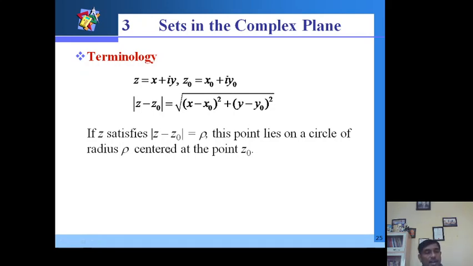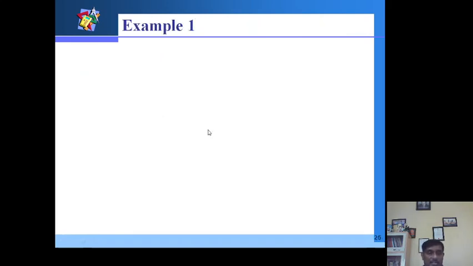If z satisfies mod z minus z naught is equal to rho, this point lies on the circle of radius rho centered at the point z naught. This is known as the circle equation, that is mod z minus z naught is equal to rho. Here point z naught is the center and rho is the radius. Now we will give some examples related to this.